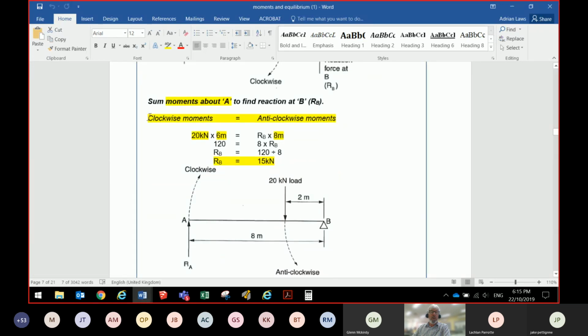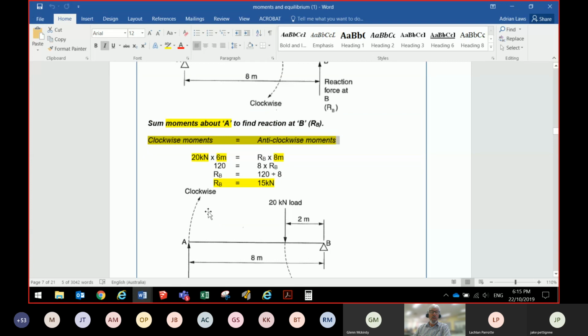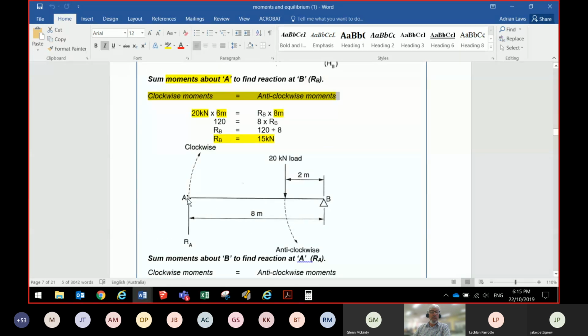And this little formula right here is the way that we do it. We basically pretend that we're standing at one end and we do this calculation. So in this particular case, we pretend we're standing at A, and every force that occurs clockwise, we put on the left-hand side of the equation. Here's the first one. As we come across here, we've got 20 kilonewtons times 6 meters across, and we put that there.